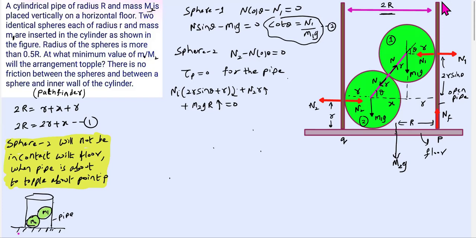Okay, fine. Now we'll substitute all the related values. N1 is equal to M1G cot theta. What about N2? N2 is equal to N cos theta.